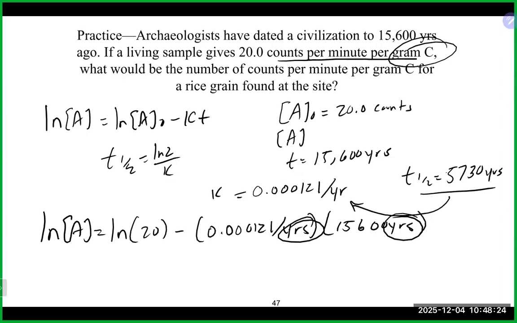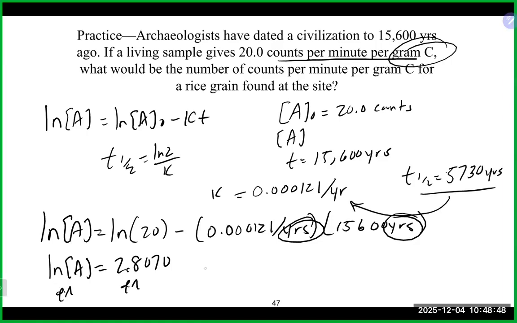Times 1560. We're going to take the natural log of 20, minus the rest of that there. And it looks like natural log of A equals 2.807. Going to take the e of both sides there.